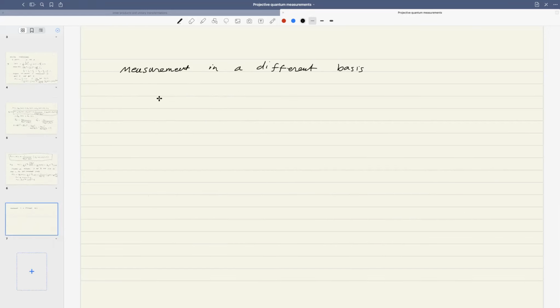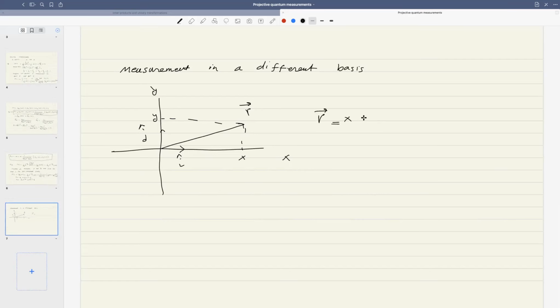So again, I have some coordinate system x and y. It has unit vectors i and j. And let's take some vector here, vector r, that has some component x and some component y. So I can write my r as x i plus y j.